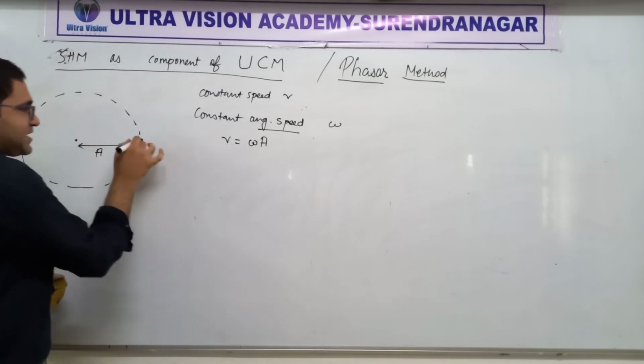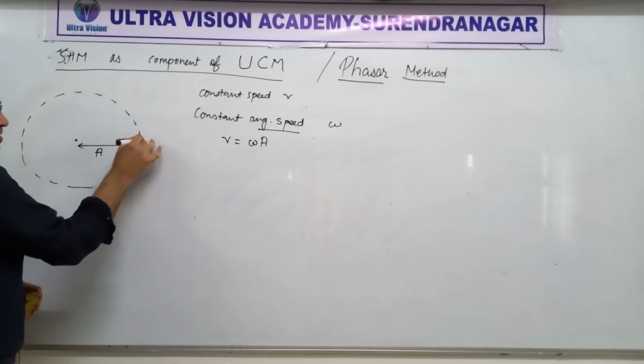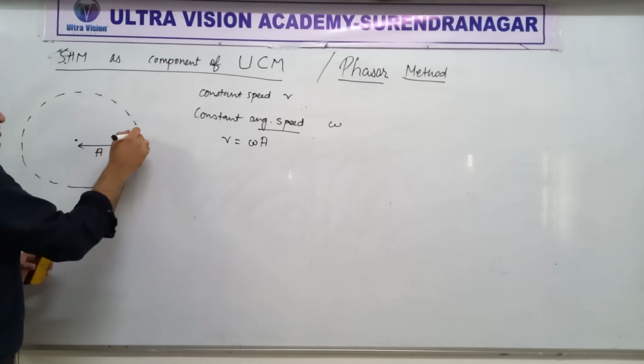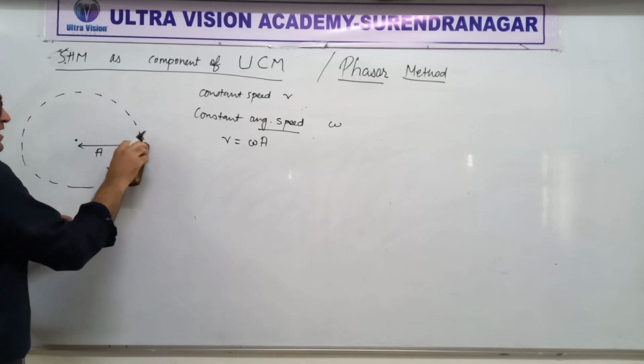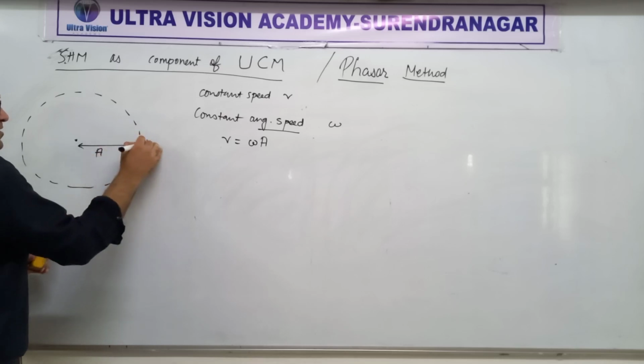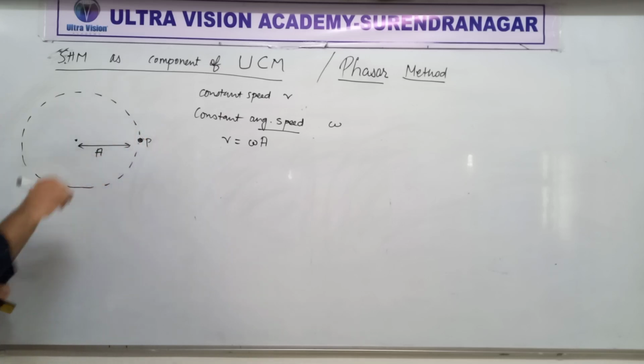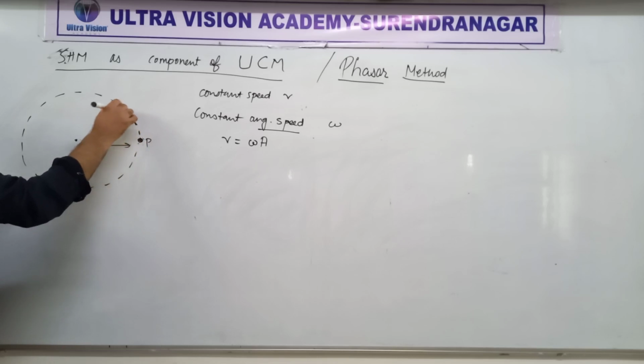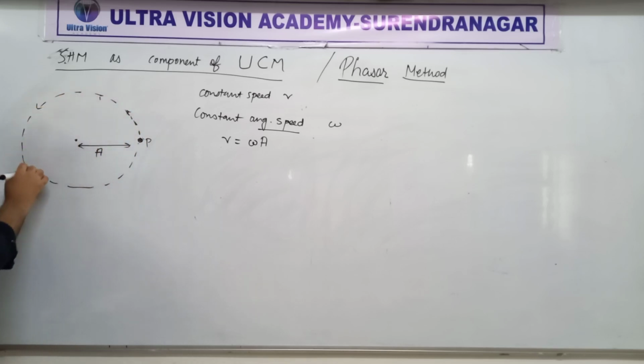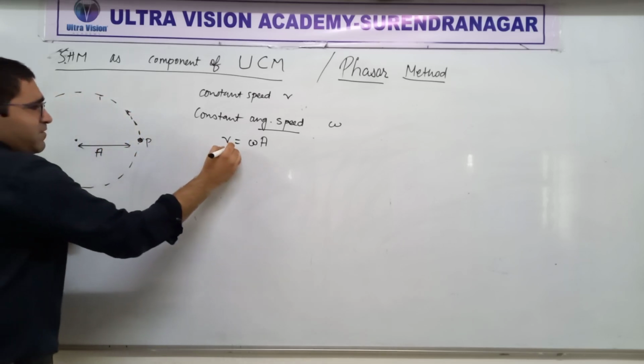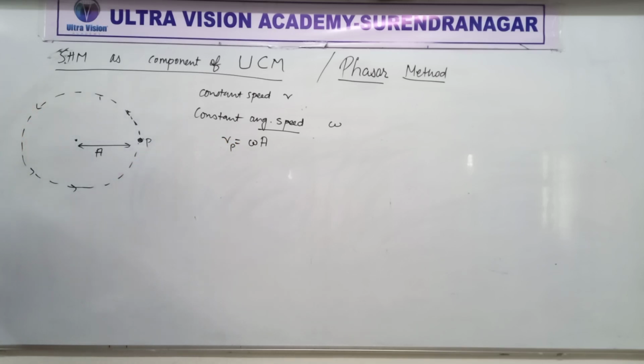This is the speed of this particle. Let's name the particle, let's call this P. This is the speed of this particle P, which is going around in a circle. This is clear. This is the speed of P. Yes or no?